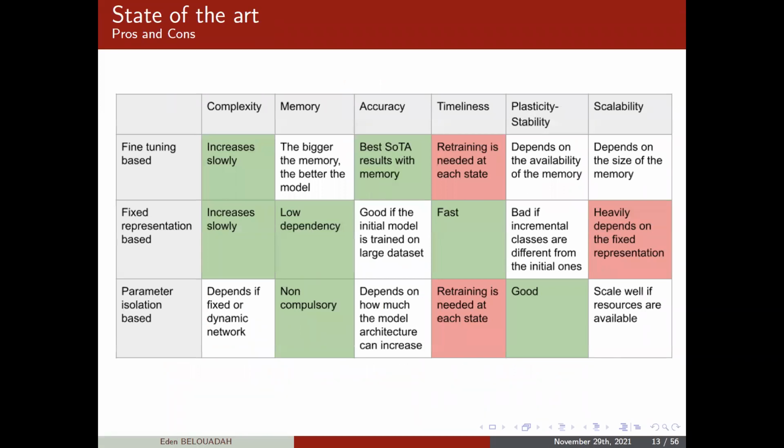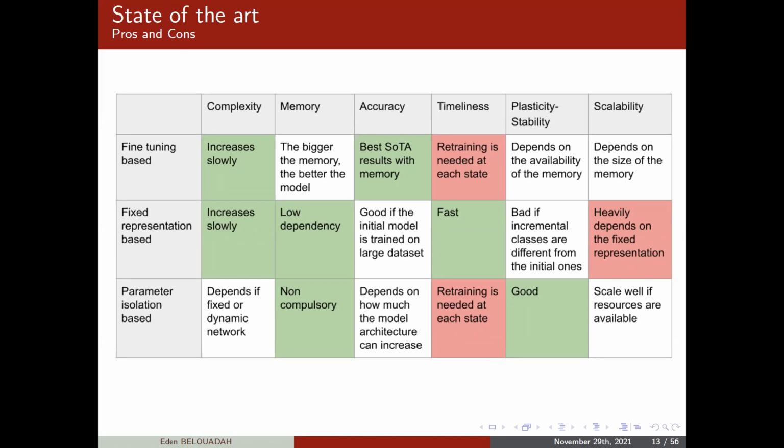Unfortunately, none of the methods from the state of the art satisfy the 6 properties at the same time. So in general, there is a compromise that is made depending on the application domain. Fine-tuning based methods have complexity that increases slowly, and they achieve the best state-of-the-art results with the memory of the past. However, a retraining is needed at each incremental state to accommodate the new classes. The fixed representation-based methods also have a complexity that increases slowly.